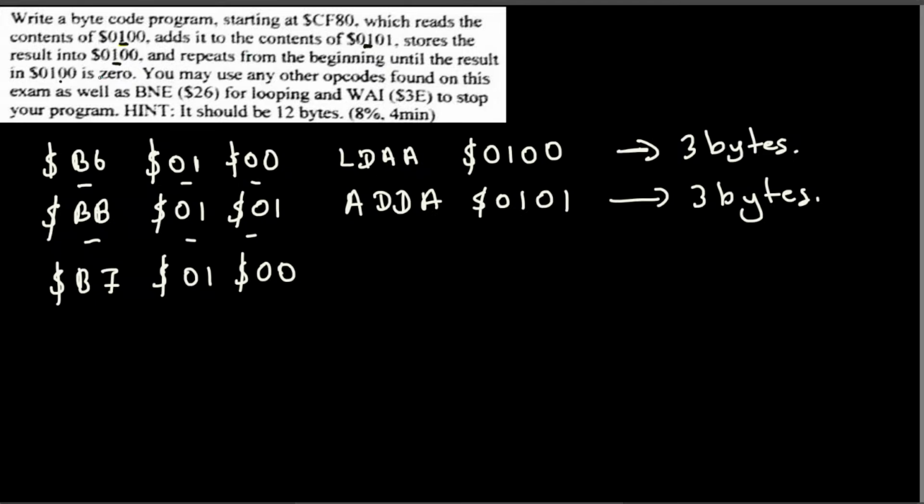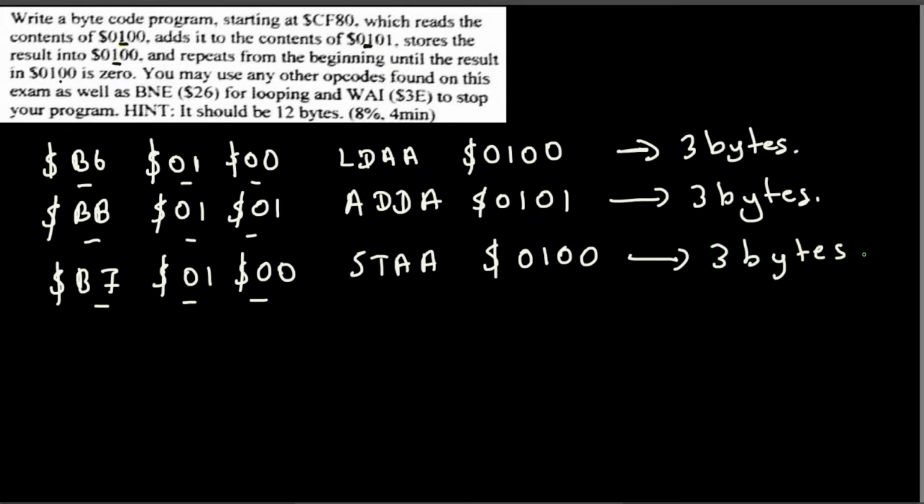So we store the result in 0100. So this one is the storing process, STAA, and we are storing 0100 here. If you look at this one byte, 2 bytes, 3 bytes, we get 3 bytes. So totally 9 bytes used.